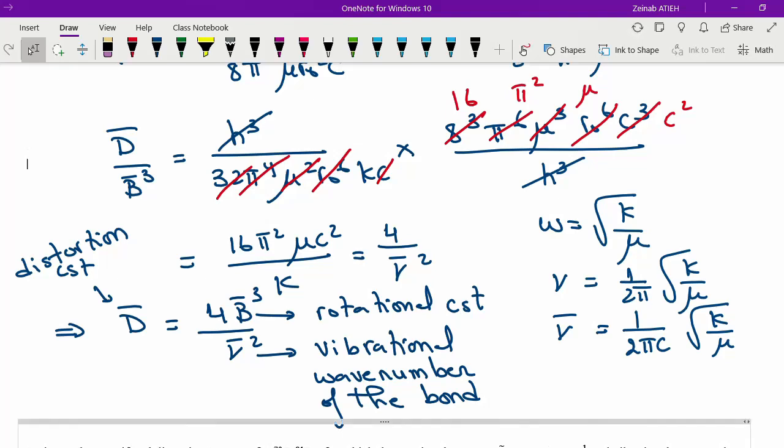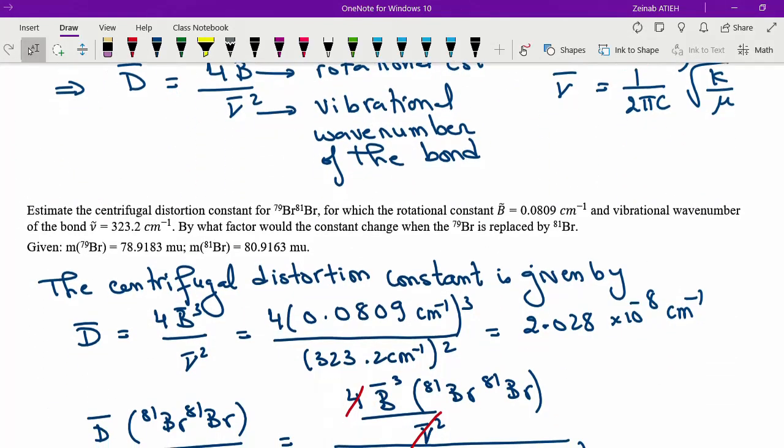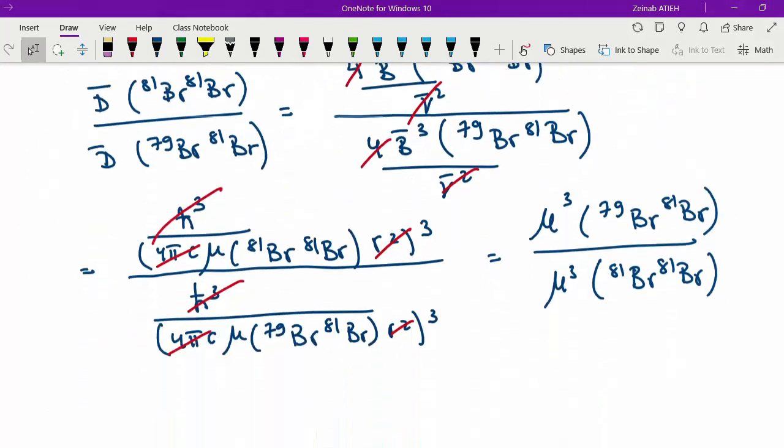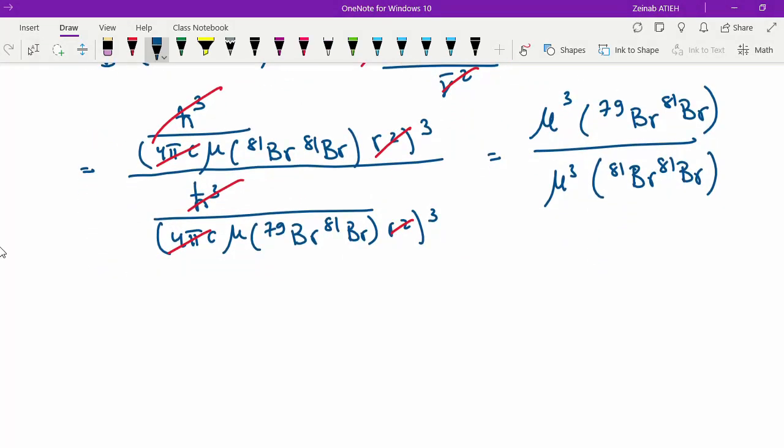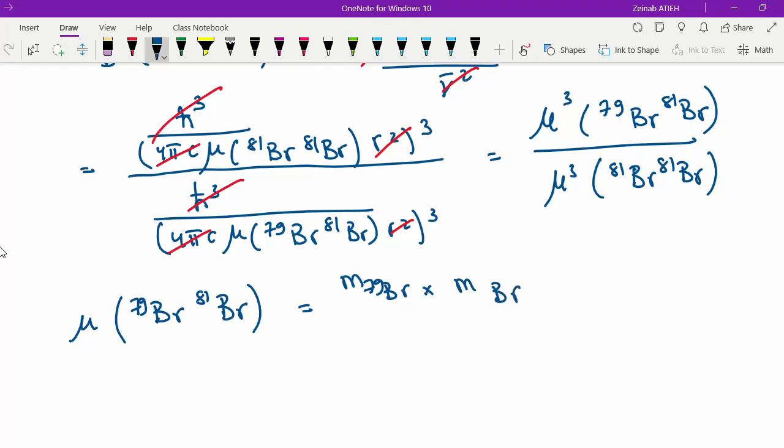So in the question he gave us the masses of the atoms Br79 and Br81, so here they are. I will use them to find the reduced mass. So mu for Br79 Br81 is the mass of Br79 multiplied by the mass of Br81 over the mass of Br79 plus the mass of Br81.